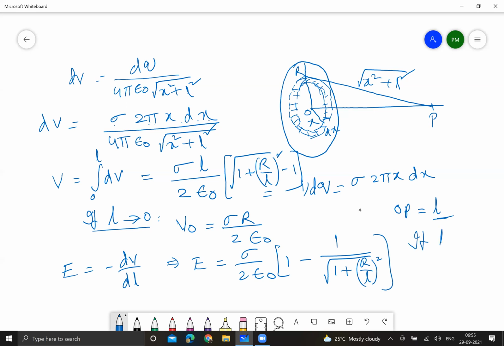And here also, if L tends to 0, E naught is sigma by 2 epsilon 0. Okay. Yes, sir.